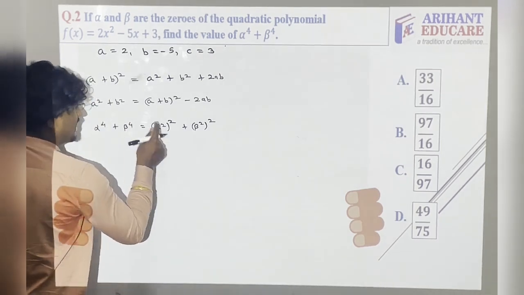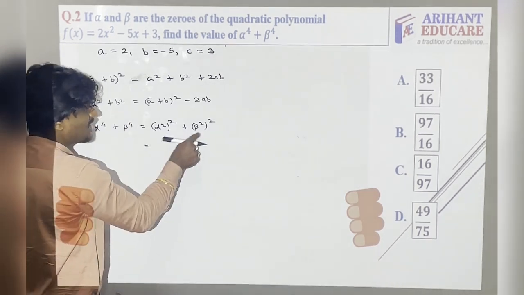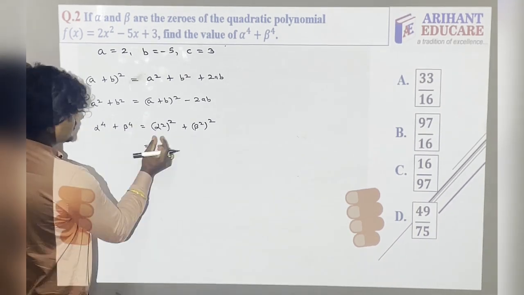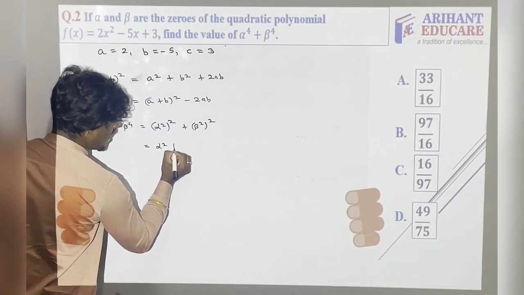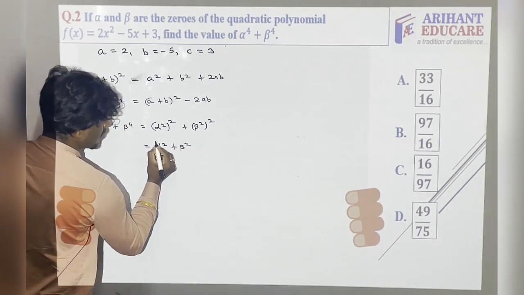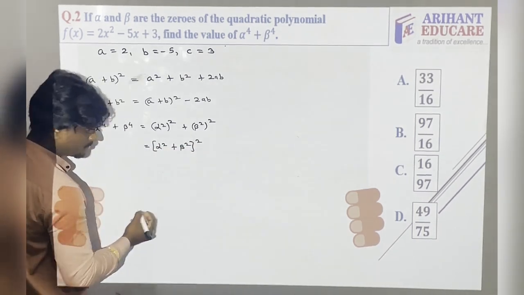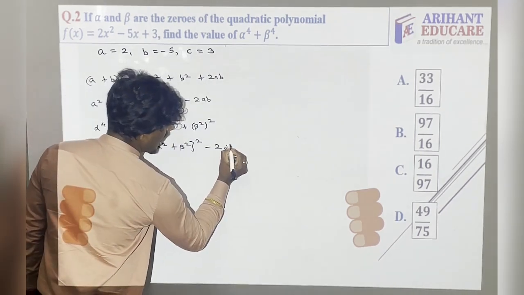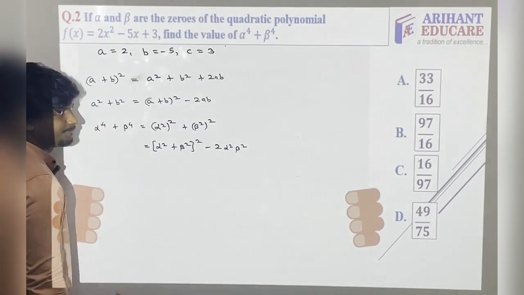So, can you tell this formula in terms of alpha square and beta square? Here we have a plus b, so the same thing comes here. We'll have alpha square plus beta square the whole square minus 2, and instead of a and b, we have alpha square and beta square.